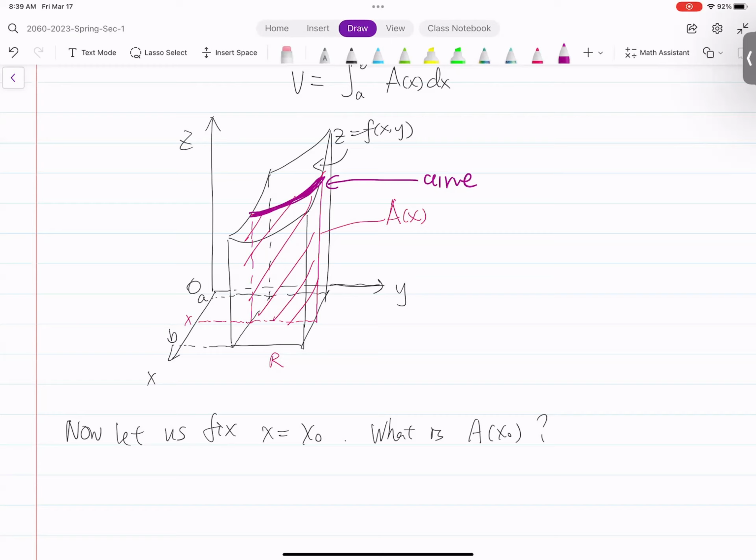So if you choose x0, this is A of x0, and then this is actually z equals g of y. Here, x is fixed to be x0, but y is a variable. So you actually get a function in terms of y.